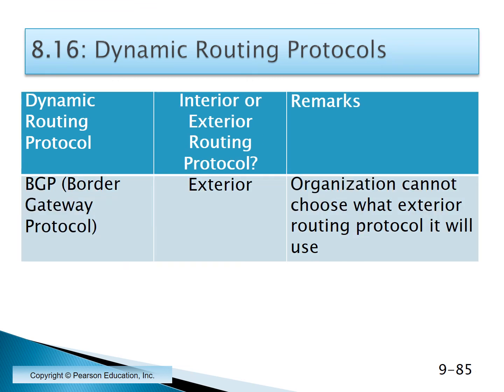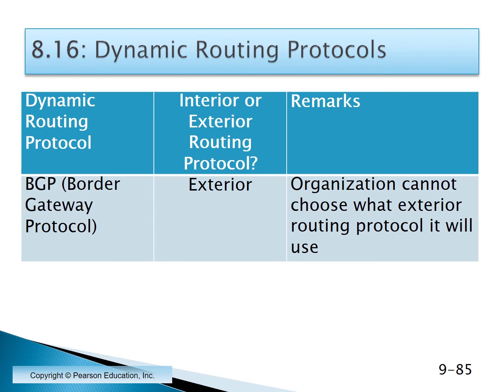Then for border routers, usually another protocol is used, called BGP, the Border Gateway Protocol. It's an exterior routing protocol. Of course, an organization cannot choose what exterior routing protocol will be used, right? Normally for an organization, you choose what you use internally as the network administrator, but externally it is usually decided by the ISP, right?